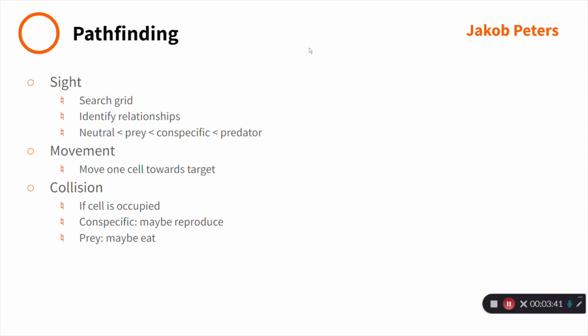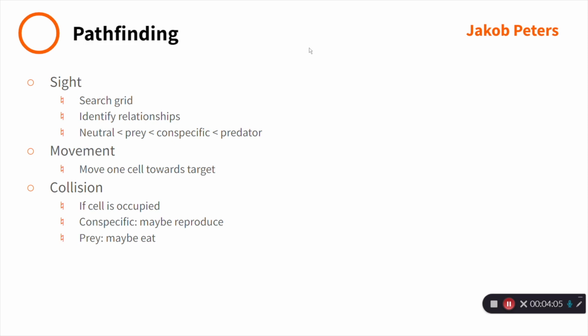So if there are two organisms within range, but one of them is a predator, then it's going to prioritize moving away from the predator. Whereas if you have some neutral or some same species organisms, then it's going to prioritize attempting to reproduce and so on.